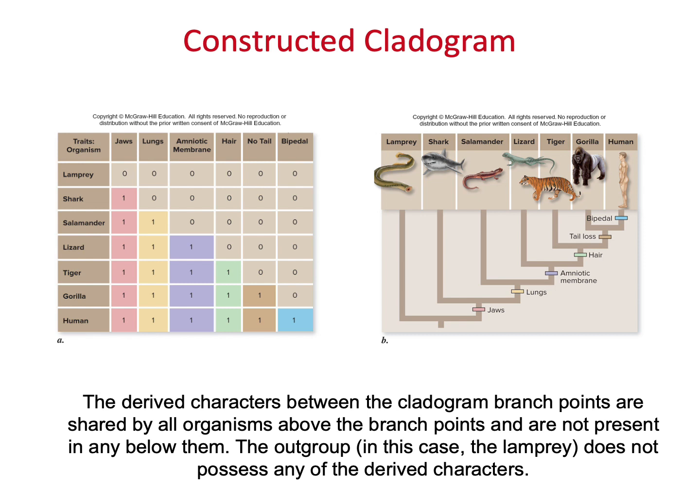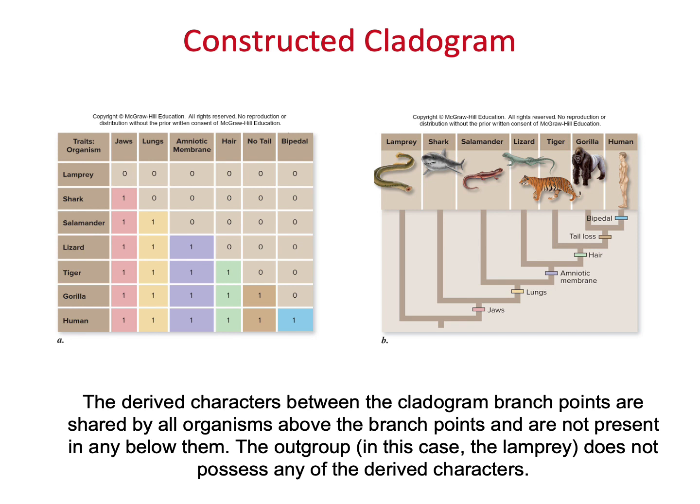In outgroup comparison, you need to find a species or a group of species that is closely related to, but not a member of, the group under study, and you designate it as the outgroup of this study. For this particular tree that we are looking at, lamprey is used as the outgroup.